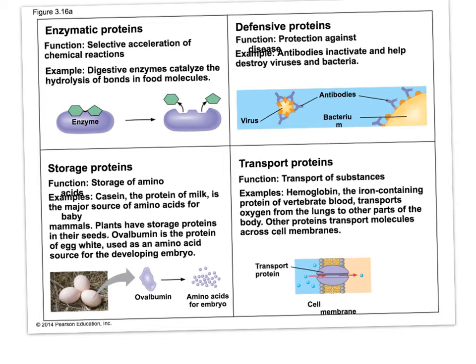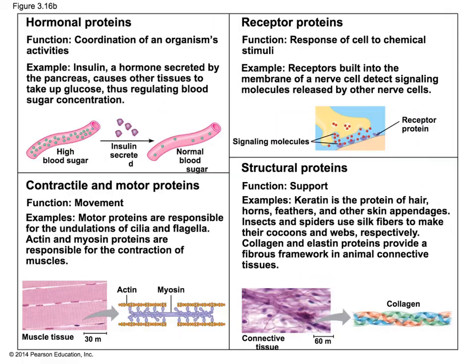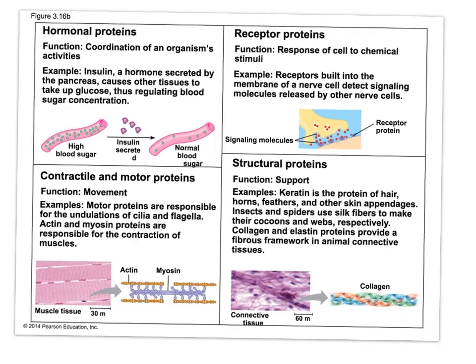All right, you should know the basic list. Okay, if I asked you to provide a list of functions that proteins can do, there's about 6 or 8 of them. Okay, you should be able to know that. All right, hormones, receptors, structural, contractile, motor proteins. The point of this is so that you understand the diversity in function that proteins have.